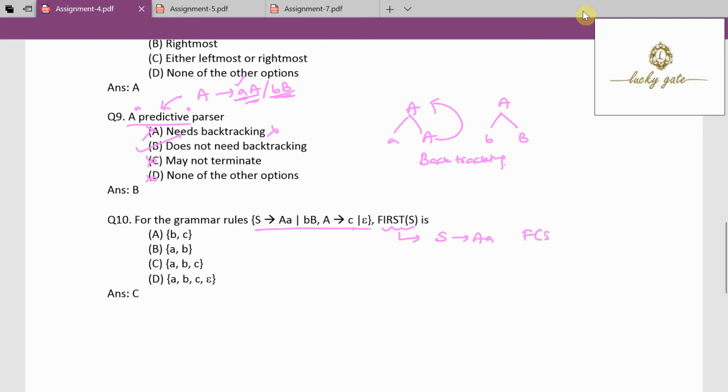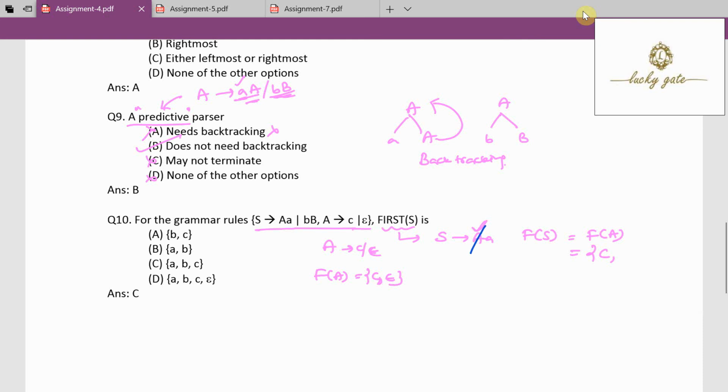Now I can say first of S equals first of A, because it is starting with non-terminal A. For A we have two productions, A tends to C or epsilon. Then I can say first of A equals either C or epsilon. Then first of S is first of A. First of A contains C, and it is also possible that it is replaced with epsilon.